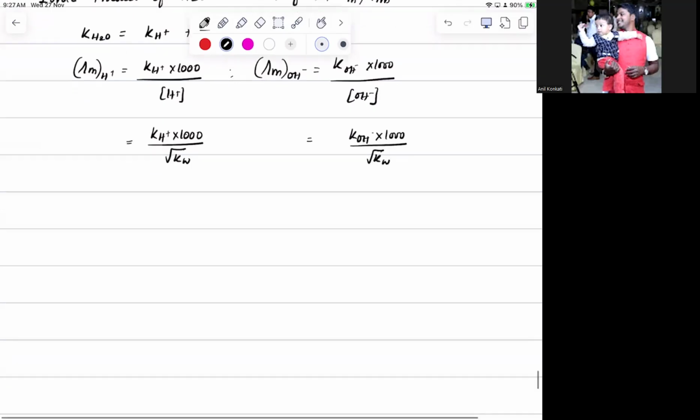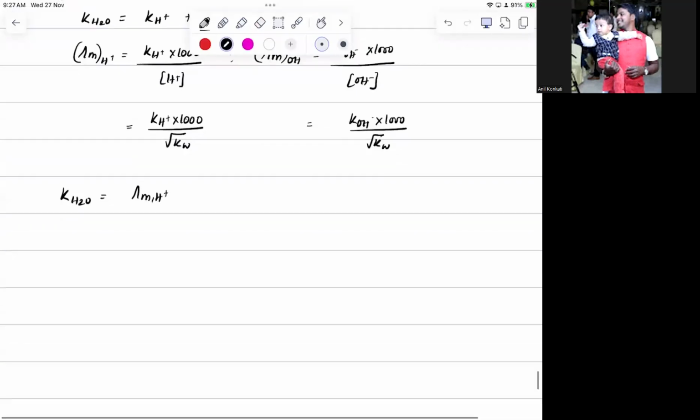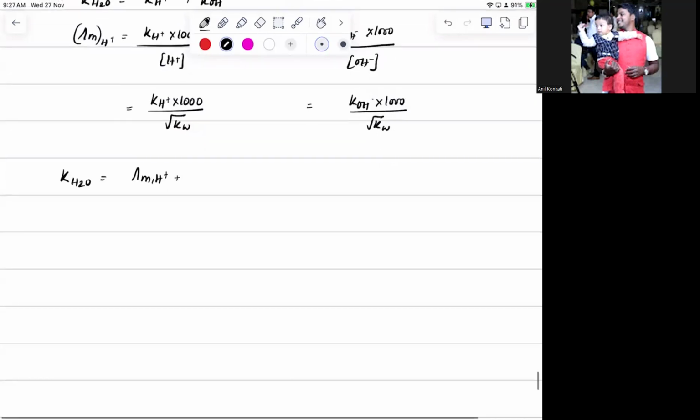Correct? Now, kappa of H2O can be written as, if I just add these two, so what would I get? Lambda m of H plus plus lambda m of OH minus, that whole into under root of Kw, which will come out as common, divided by 1000.